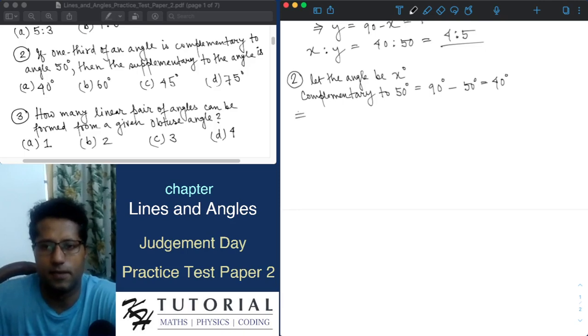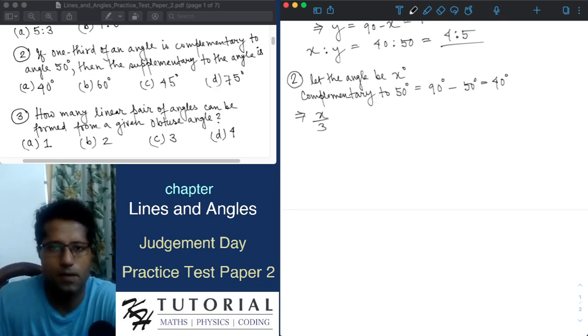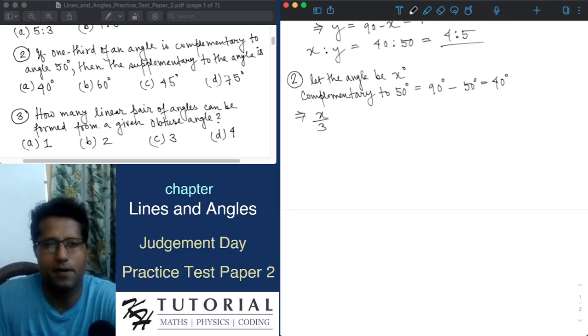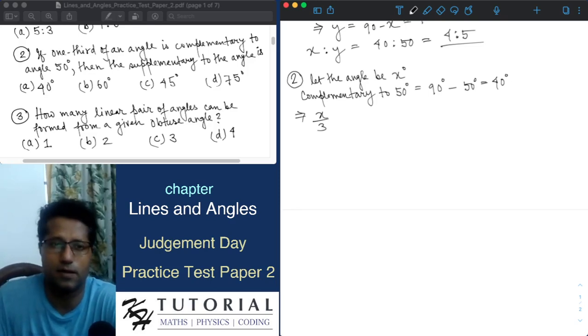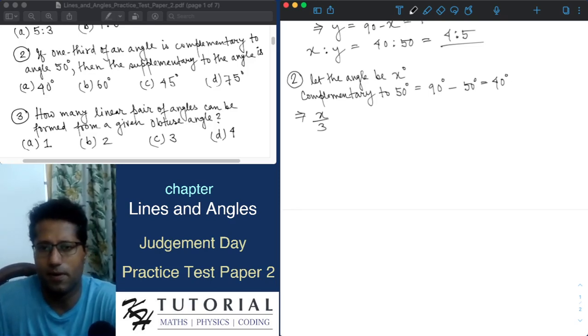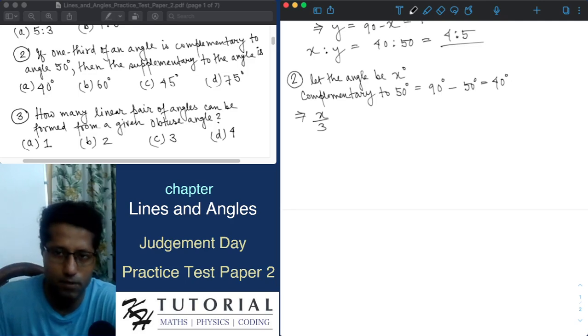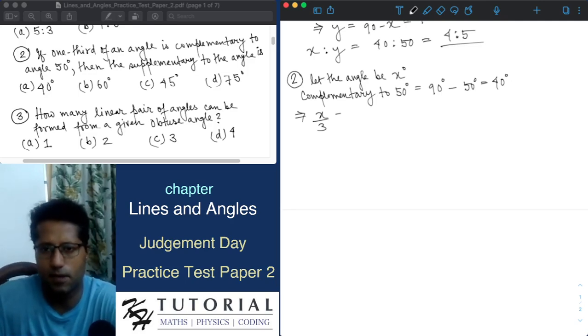Now it is saying that 1/3 of an angle, the angle we have assumed to be x, so 1/3 means x by 3, is complementary to angle 50. Now the angle complementary to 50 is 40 degrees. This implies x by 3 is 40.